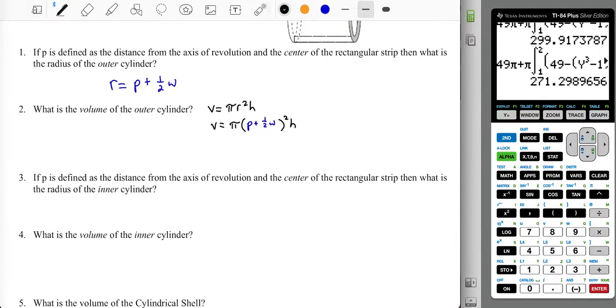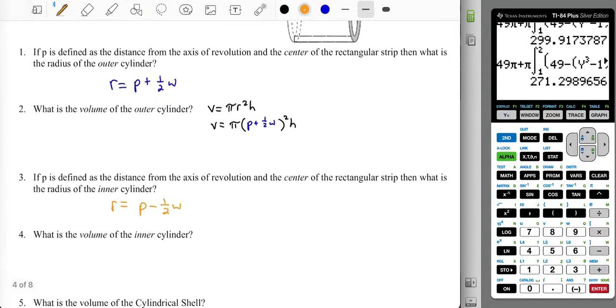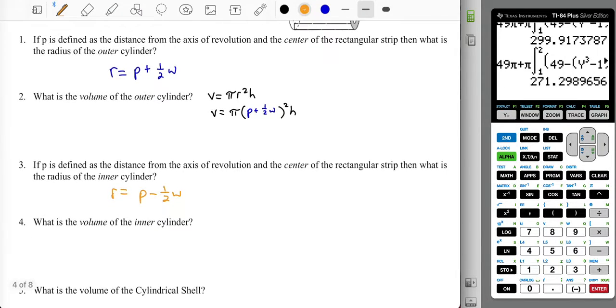Number 3: if P is defined as the distance from the axis of revolution to the center of a rectangular strip, then what's the radius of the inner cylinder? It's the same idea, but we're going backward from P by 1/2 W, so P minus 1/2 W. So the volume there is essentially the same idea.